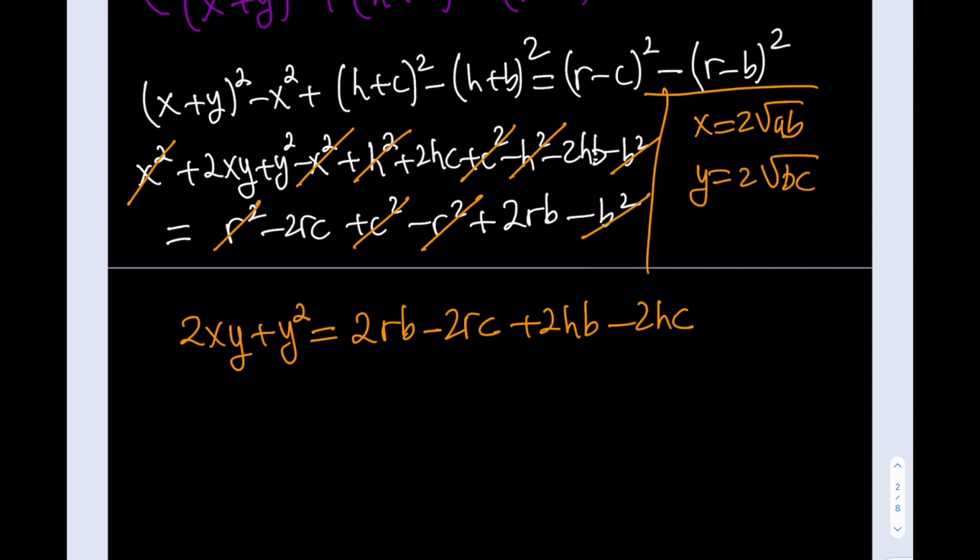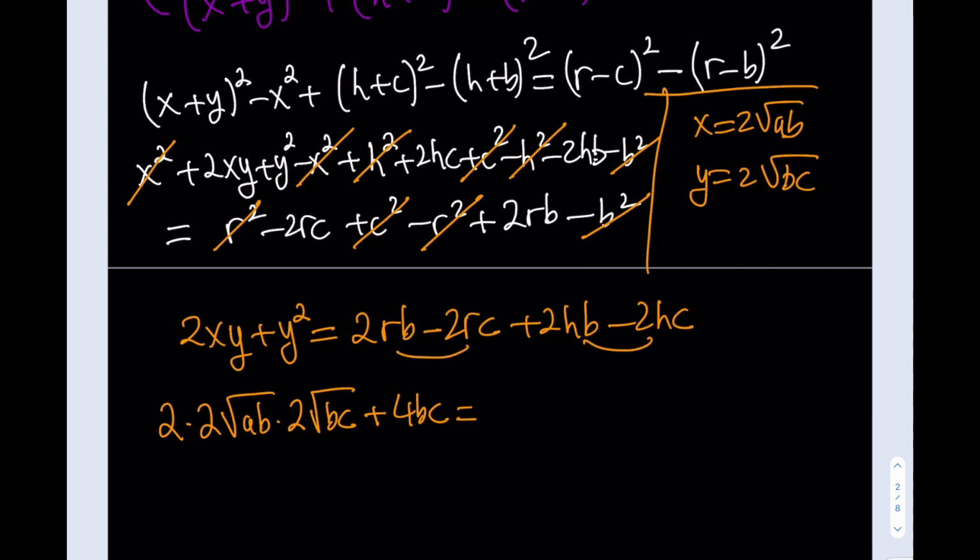Beautiful. So let's go ahead and plug that in. This should give me 2 times x, which is 2 times 2√(ab), times y, which is 2√(bc), plus y², which is 4bc. Awesome. This is equal to, now, before I go any further, I'd like to simplify this.